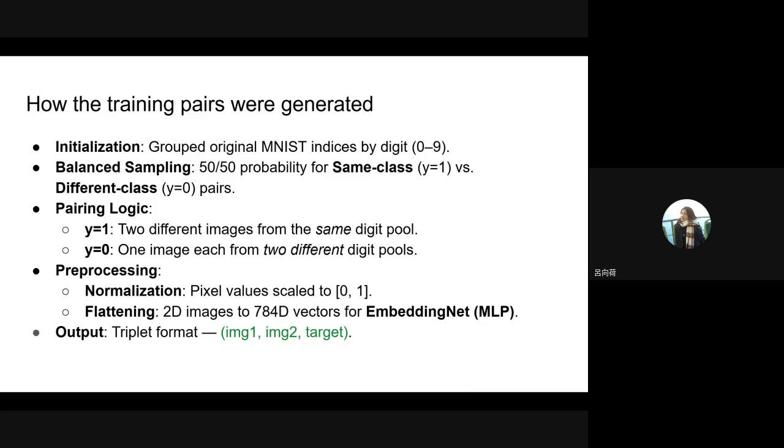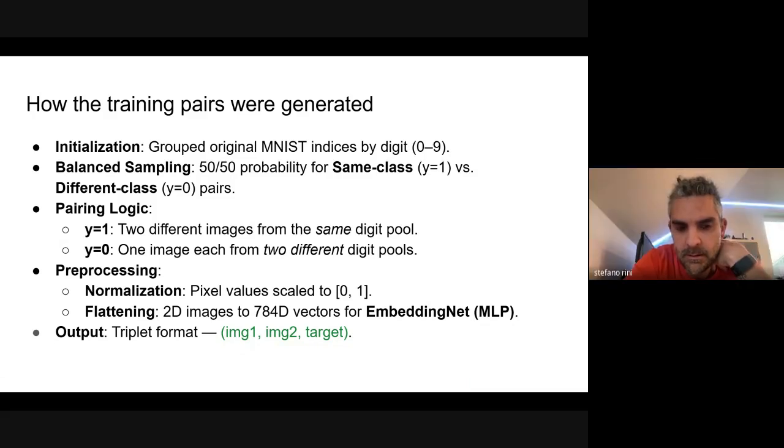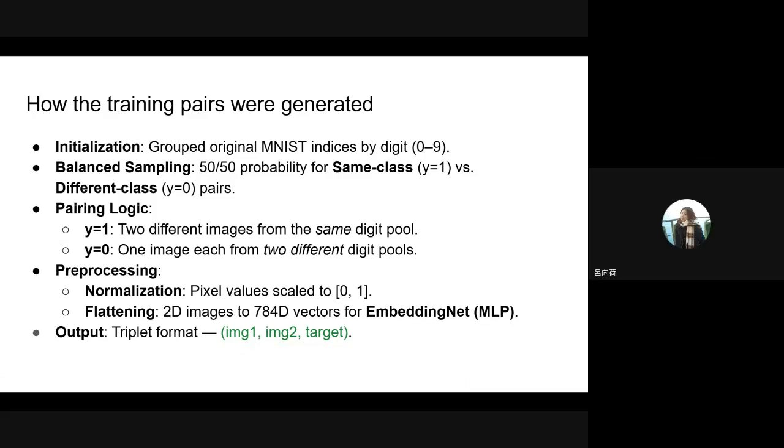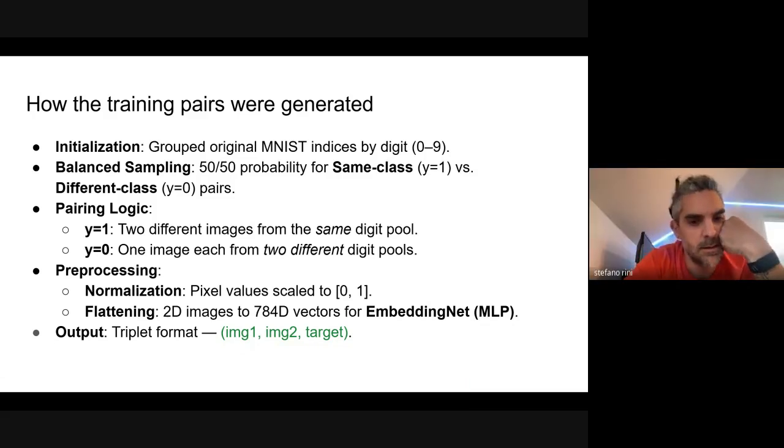And what is the size of target? Yeah, I think it's also 784. And how do you compute the loss then? How do you compute the loss?